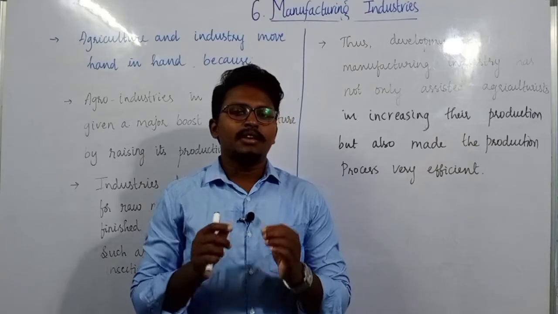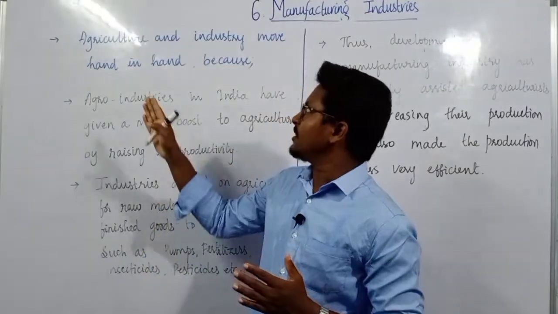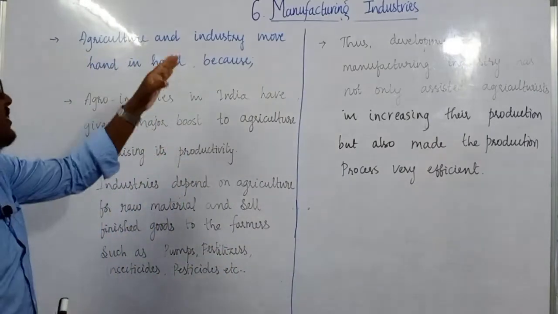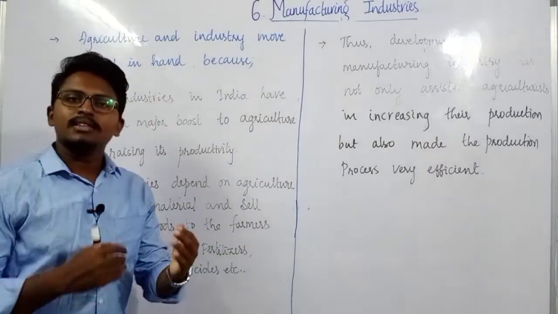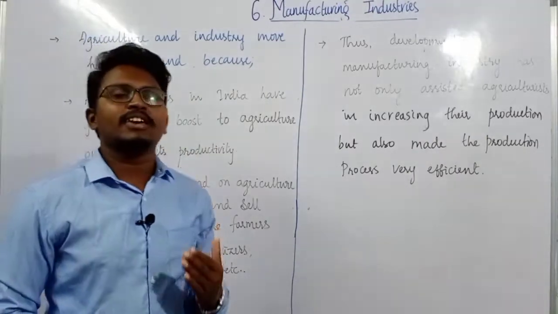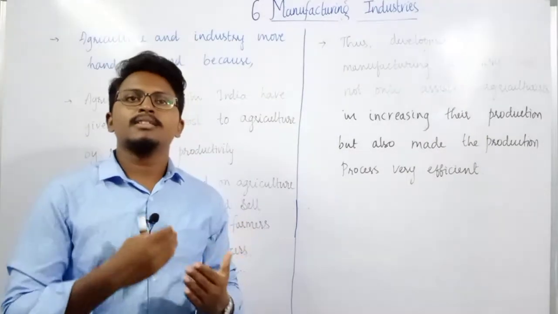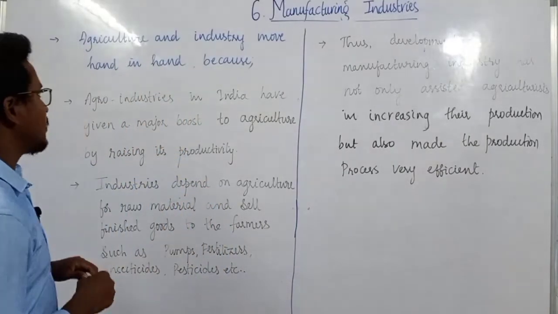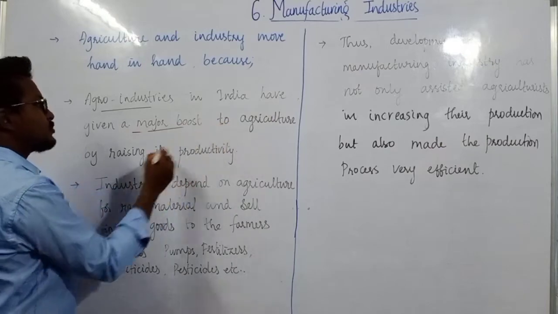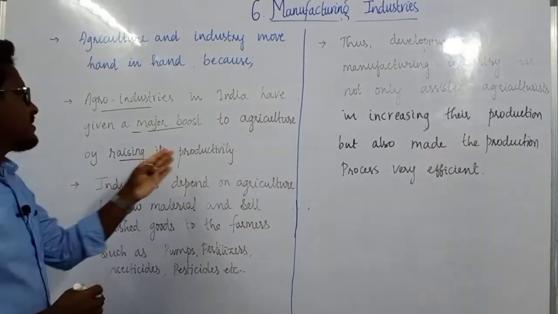Let us see the relationship between agriculture and industry. What they say is that agriculture and industry move hand in hand. That means they always move hand in hand. Why? Because there are certain reasons. The first and very important thing is that agro industries in India have given a major boost to agriculture by raising its productivity.